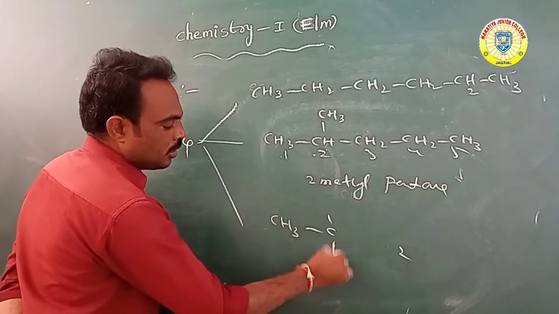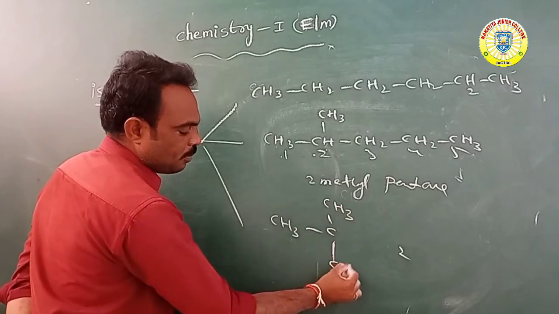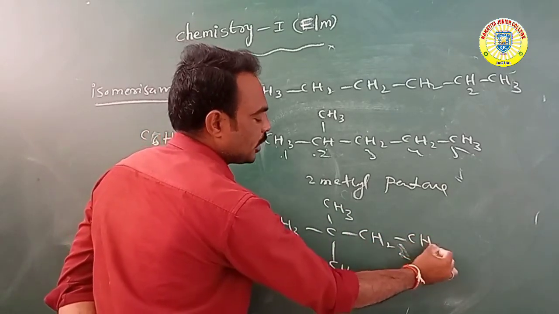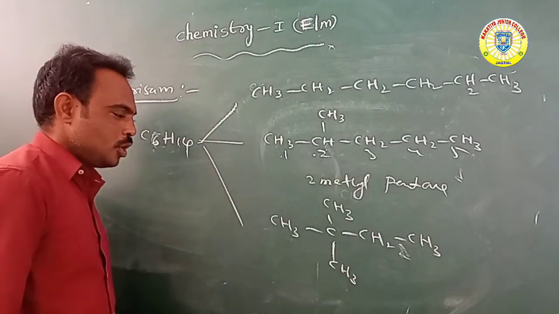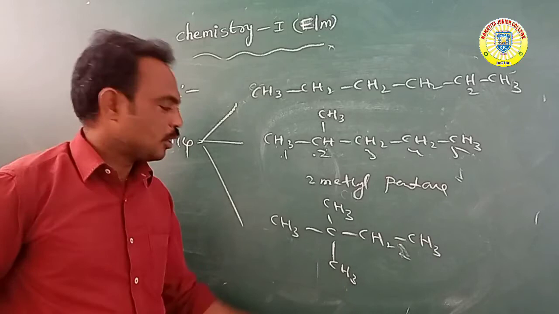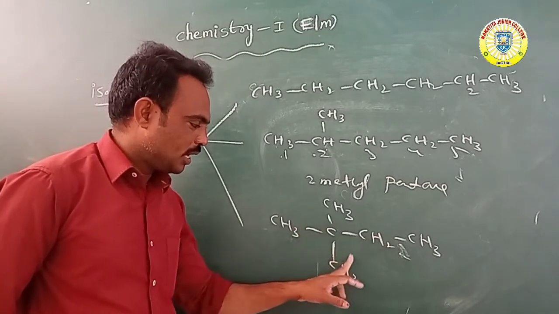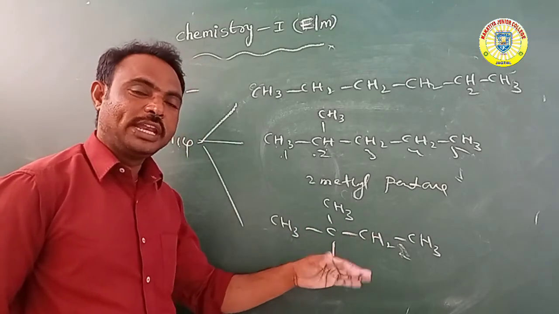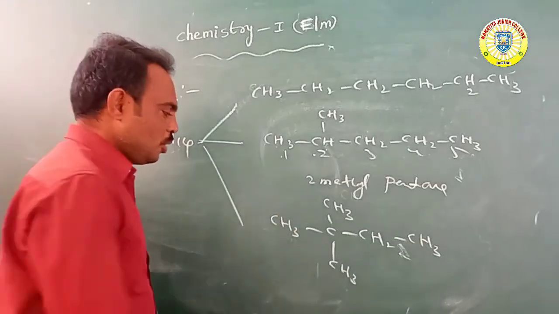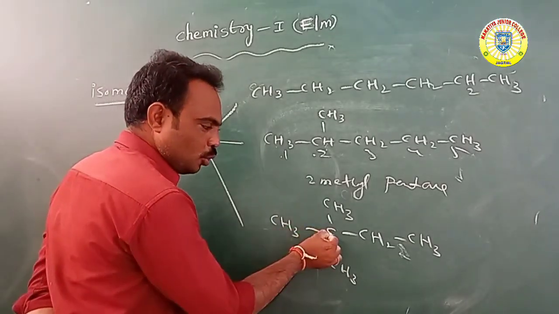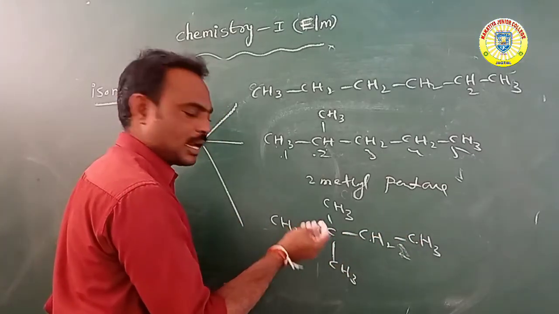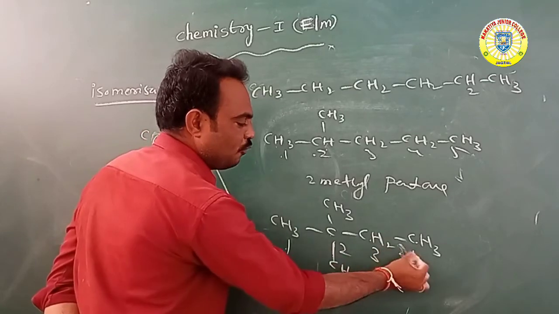Or suppose we write another form: CH3 bond carbon bond CH3, bond CH3, bond CH2, bond CH3. It has the same C6H14 molecular formula. How many carbons in total? 6 carbons, total 14 hydrogens, but a different structure. We give the numbering 1, 2, 3, 4.